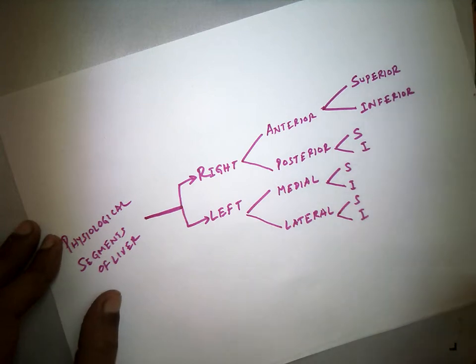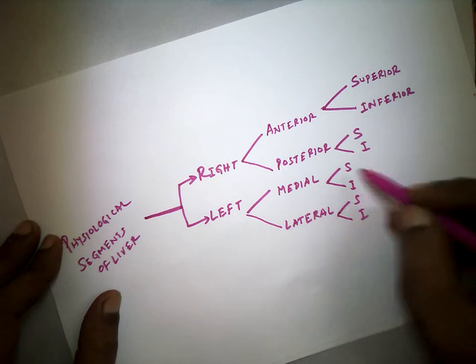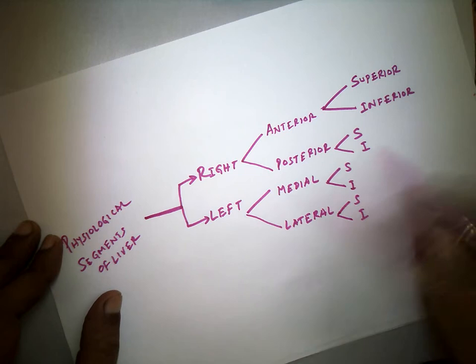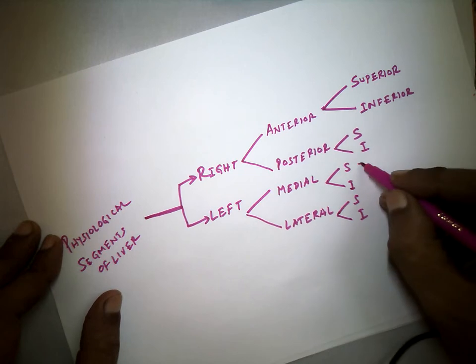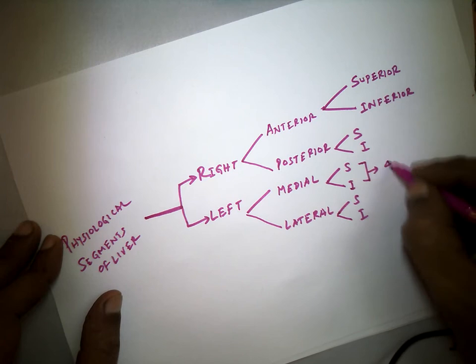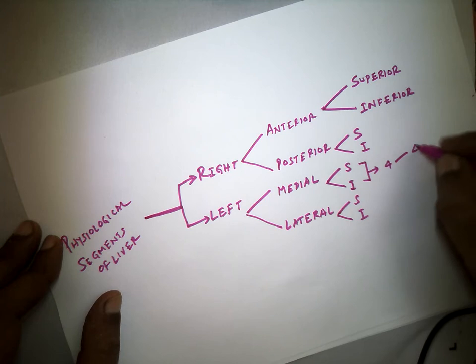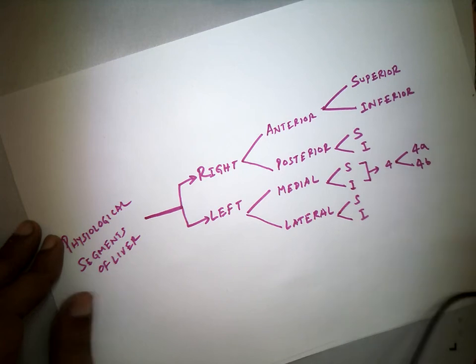In fact, the divisions of the medial part of the left lobe are considered as a single particular segment, that is segment number 4. The superior part of segment number 4 is considered as 4a, and the inferior part of segment 4 is considered as 4b. We'll come to this later.